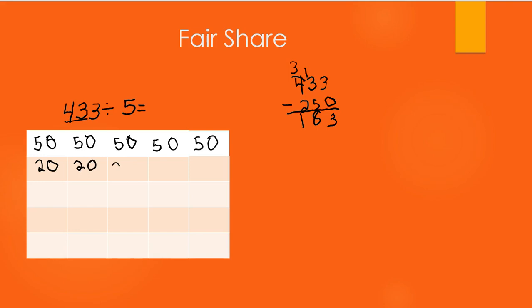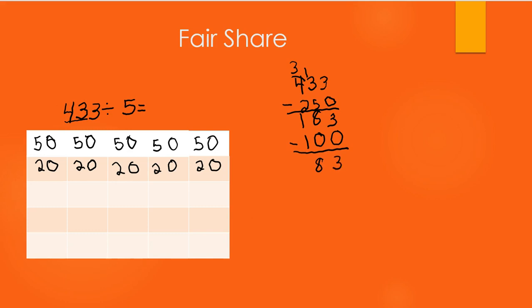So 5 times 20 is 100. And that's less than 183, and I can subtract that. So now I've got 183 minus 100, and division is just repeated subtraction. So now we're going to have 83.